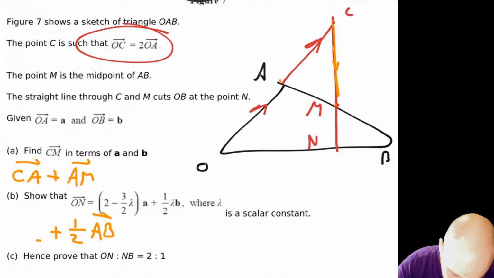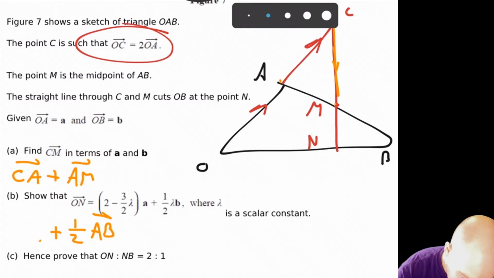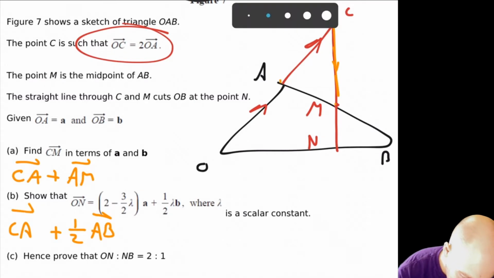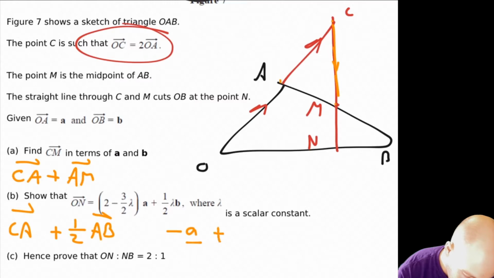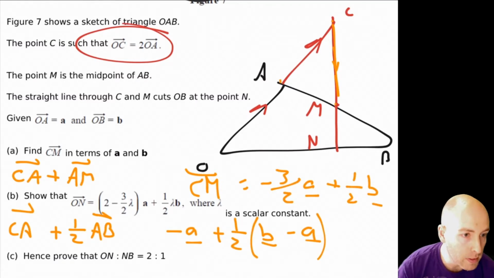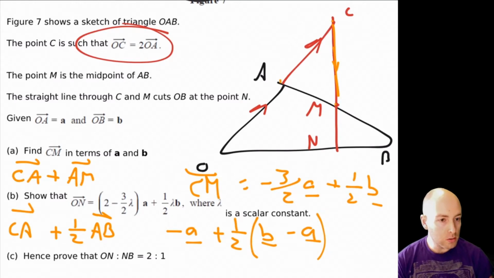So we know CA is minus A plus half AB, where A to B is going to be B minus A. If we simplify that, we get CM is minus 3 over 2 A plus half B, like Lucas said.